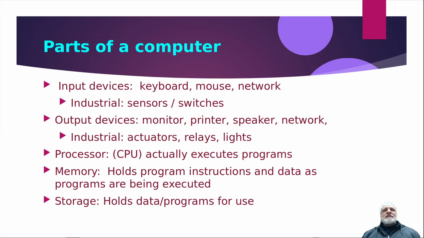Output devices, the standard output devices are things like a monitor, possibly a printer, your speaker, and of course the network. So a network is both an input device and an output device. We can send information out or receive information. And for the industrial controller, of course, we have actuators, motors, relays, lights, speakers, things like that.